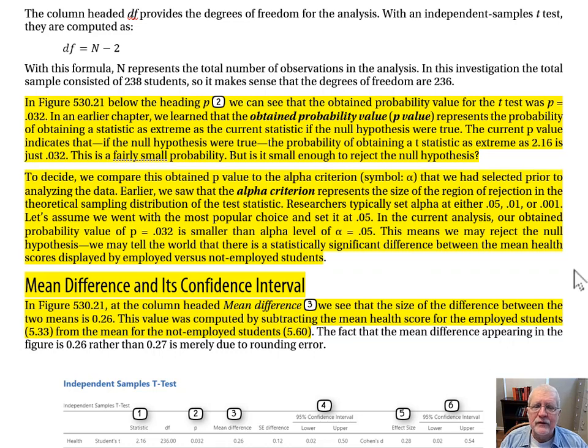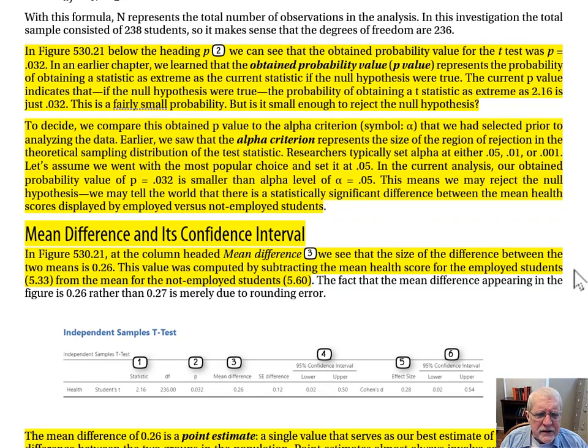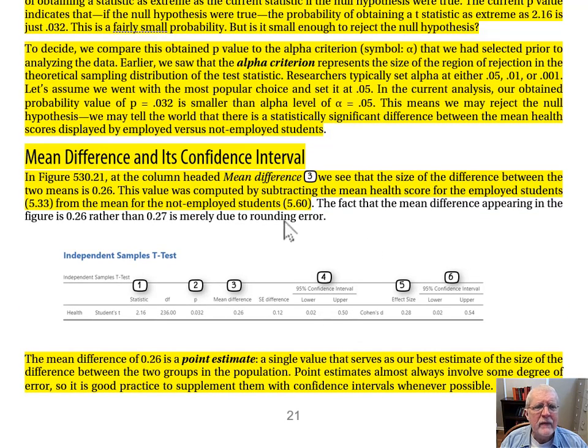But there's more. What about the confidence interval? I am still on page 21. The mean difference and its confidence interval. In the figure below, in the column headed mean difference, we can see that the size of the difference between the two means is 0.26. Below this callout number 3, we have this heading mean difference, 0.26. What does that represent?